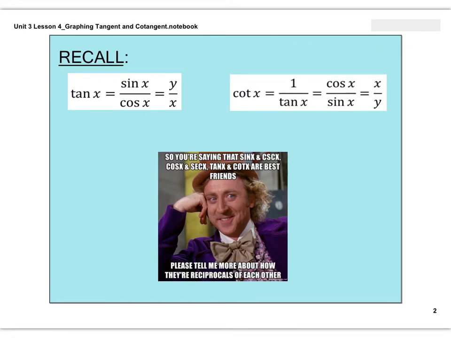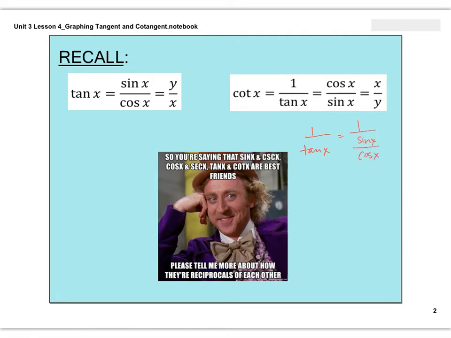Recall from previous lessons that tangent is equivalent to sine over cosine, or in other words, the y-coordinate over the x-coordinate. And then also recall that cotangent is the same as 1 over tangent. So imagine 1 over tangent x. That's the same as 1 over sine x over cosine x.